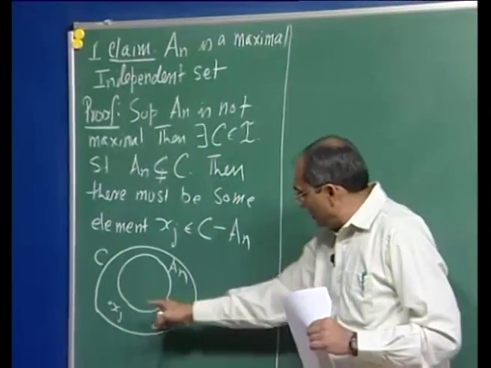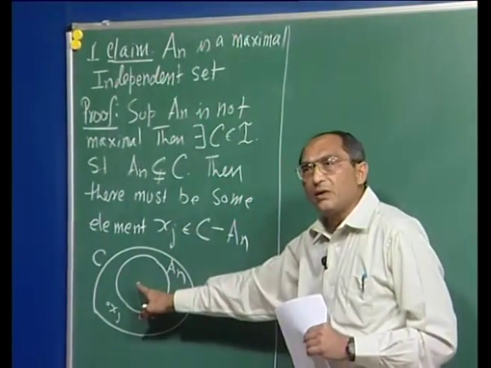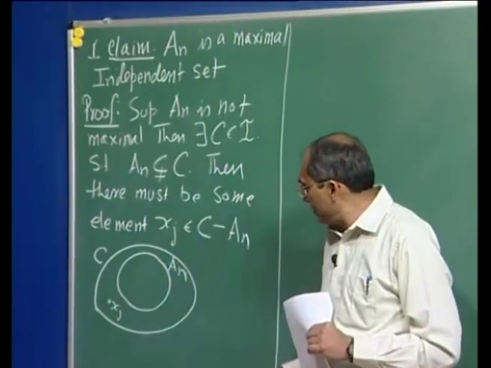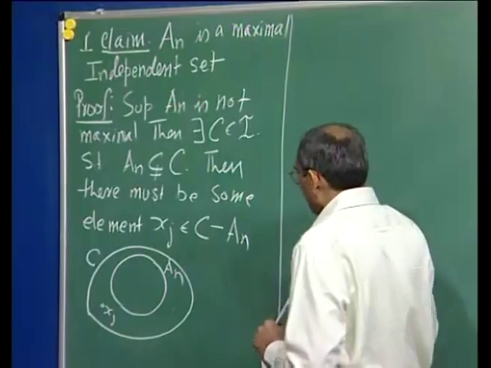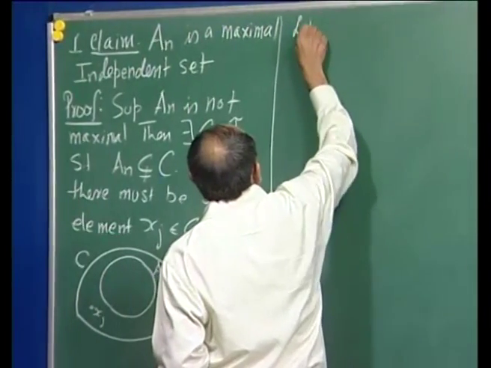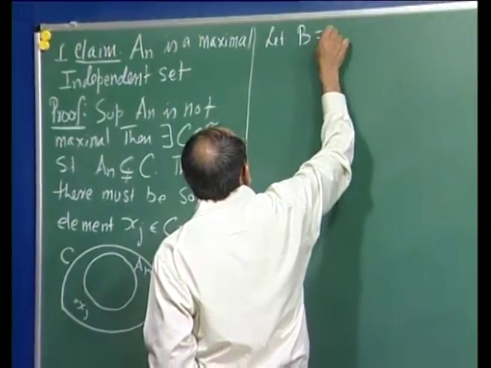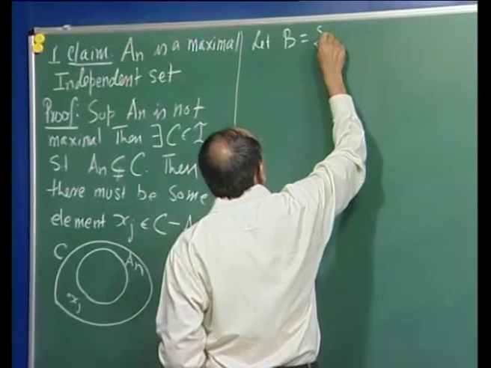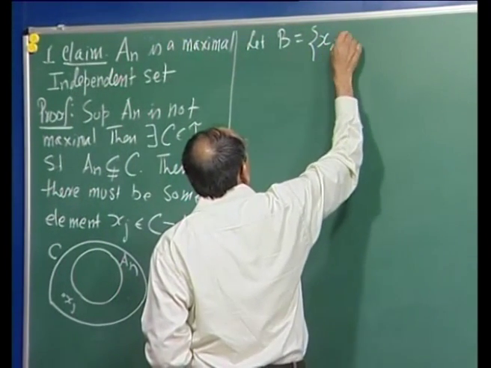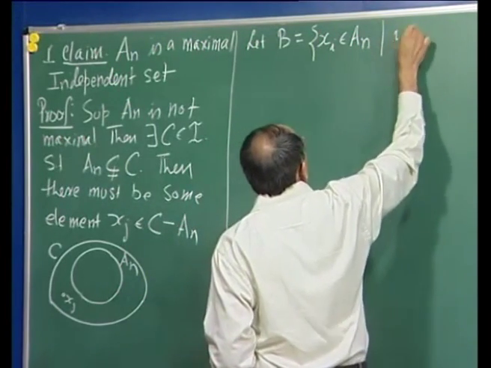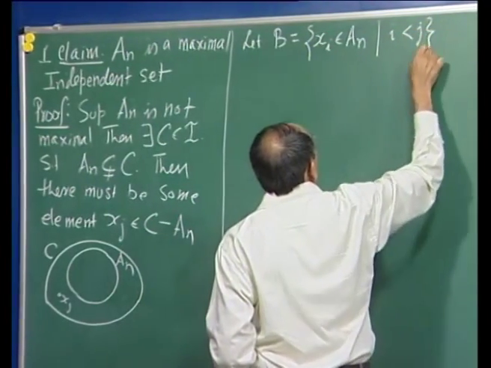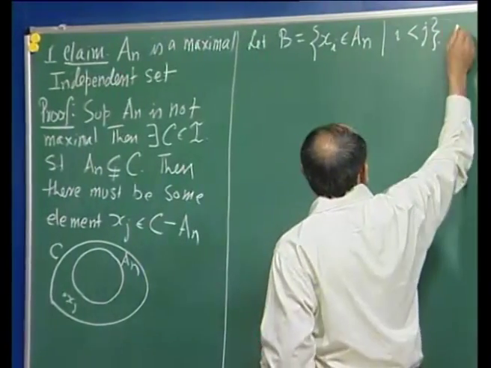Now, let us look at all the elements of A_n with index less than j. Let B be the elements of A_n with index less than j, so B is a subset of A.